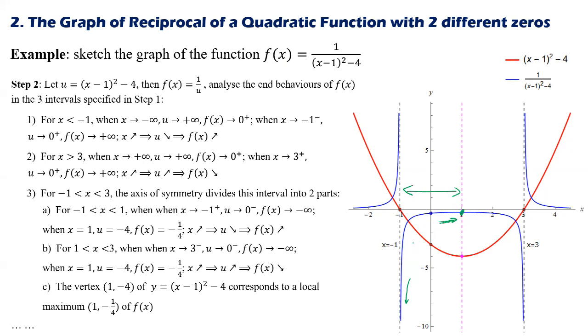And in this interval, as x increases, the denominator u decreases, and the whole function f(x) increases. So x greater than -1, less than 1 is an increasing interval. It comes all the way from -infinity to the -1/4 here, right?